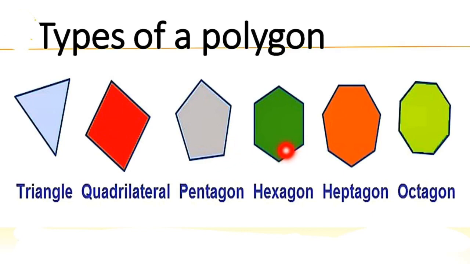A polygon with 6 sides is called a hexagon. A heptagon should contain 7 sides. A polygon with 7 sides is called a heptagon, and if it contains 8 sides, it is called an octagon. So 3 sides means triangle, 4 sides quadrilateral, 5 sides pentagon, 6 sides hexagon, 7 sides heptagon, and the last, 8 sides, is called an octagon.